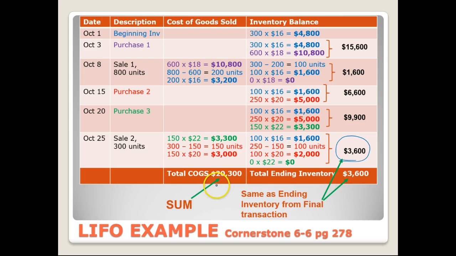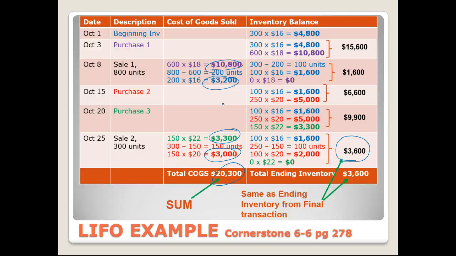Total COGS was the sum of all of the COGS in the month. Now, we only had 2 sales, and so we have the totals from the 2 sales, and they come up to $20,300. Do you remember what the total COGS was in our FIFO example?